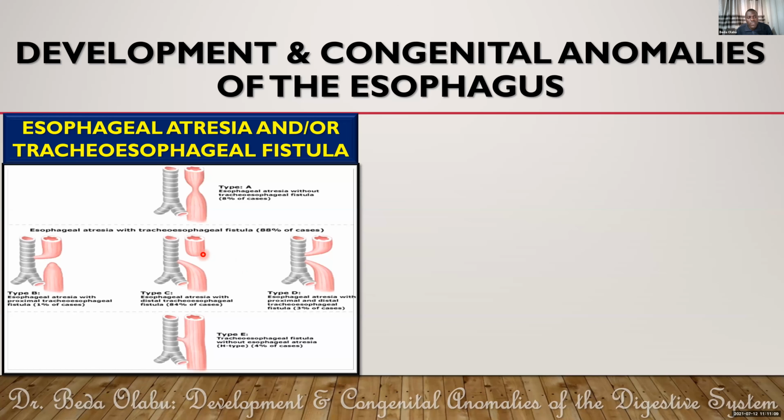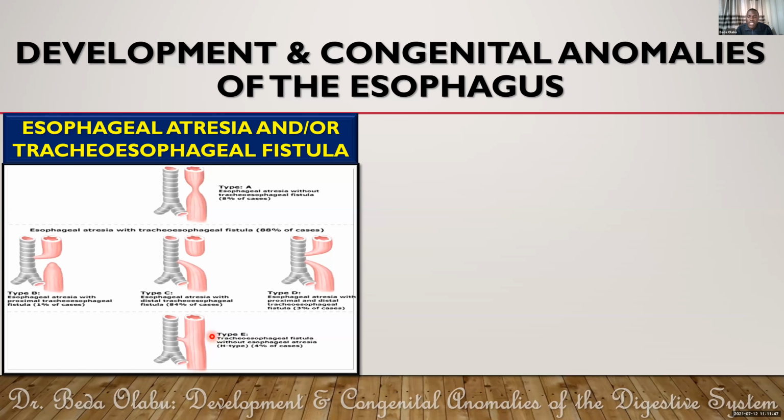Type B TOF is esophageal atresia with proximal tracheoesophageal fistula. Type C TOF is esophageal atresia with a distal tracheoesophageal fistula, and type C is the commonest type. Type D TOF is esophageal atresia with both proximal and distal tracheoesophageal fistulae. And type E TOF is tracheoesophageal fistula without esophageal atresia.